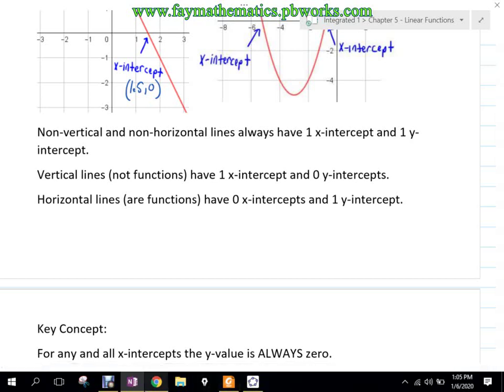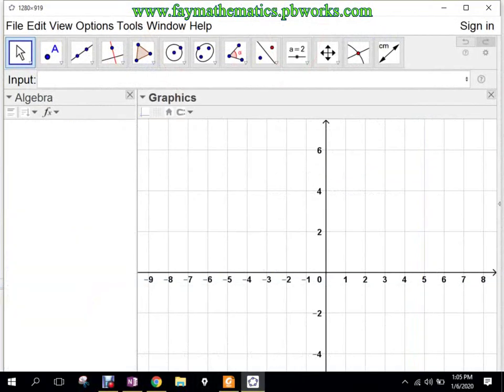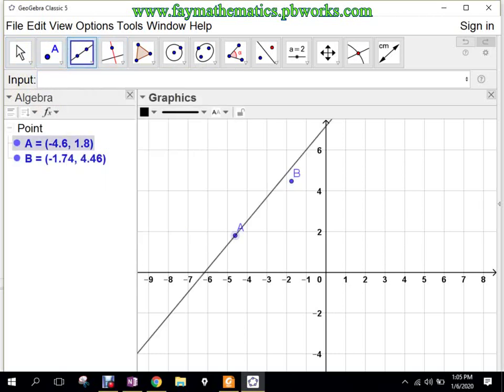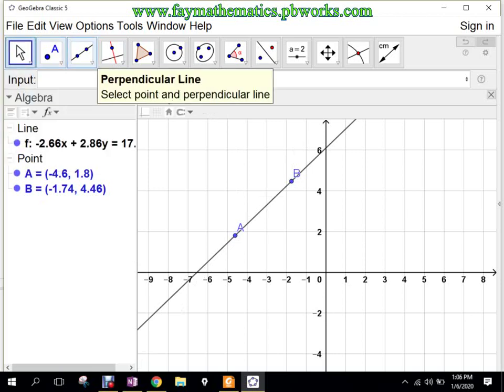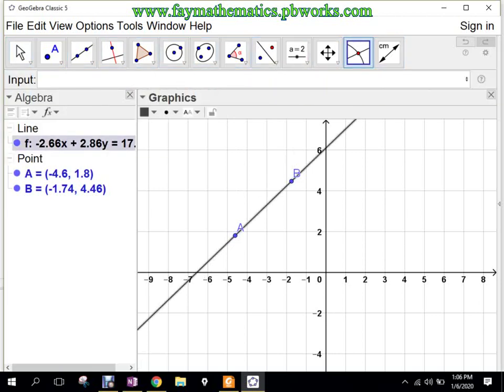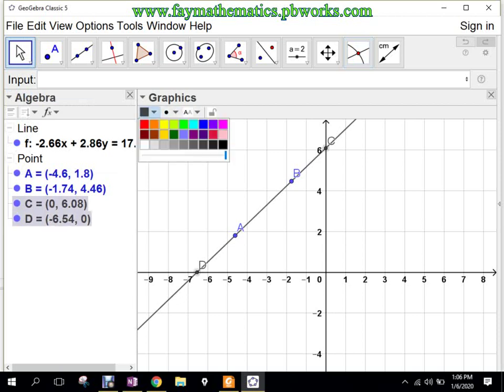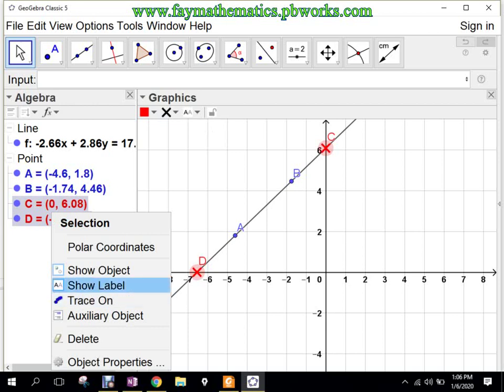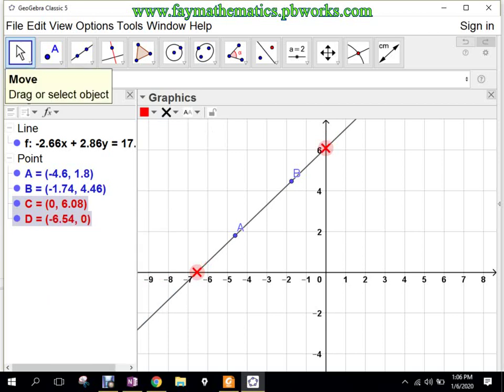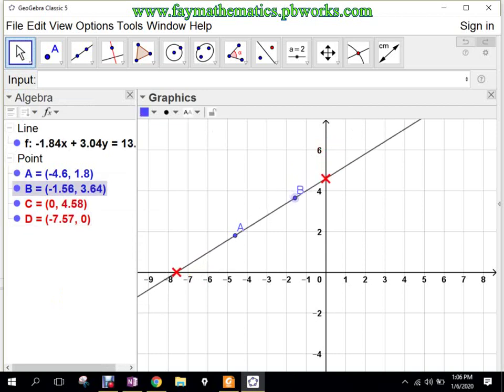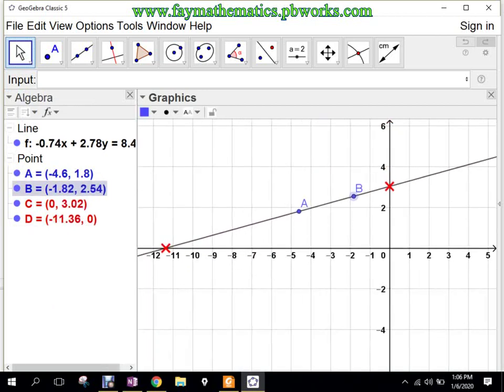So if I have that line right there, would you guys agree that that line intersects my y-axis there and intersects my x-axis there? So let me just look at C and D real quick. I don't even care right now what their coordinates are. So let me just get rid of the label. No matter where I move my line, do I always have those two red X's?